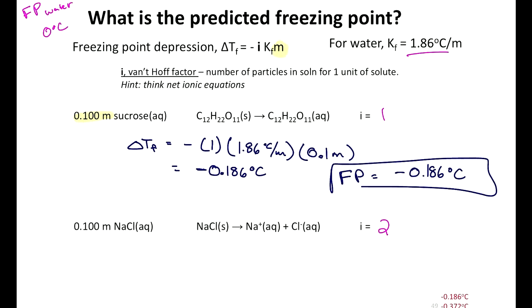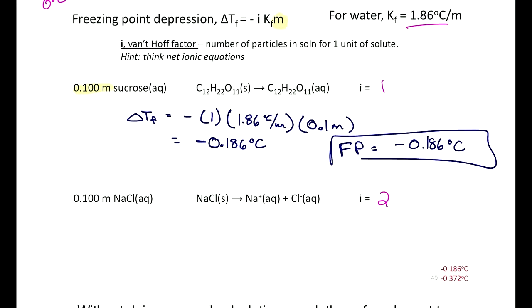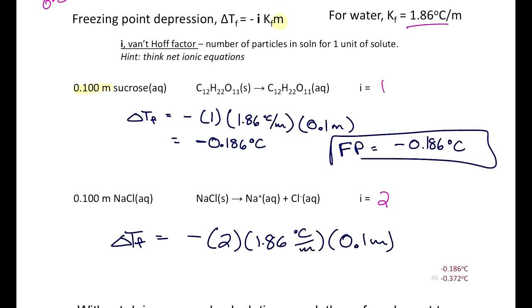Okay. So there is sucrose. What about NaCl? How do you think our answer is going to differ? What's the only variable that's different? It's just i, which is 2. So we're going to get a doubling of the freezing point lowering power for sodium chloride. So let's just do the work for completeness. Negative, this time Van 't Hoff factor of 2, 1.86 degrees Celsius per molal, same concentration, 0.1 molality, so we get a doubling effect.